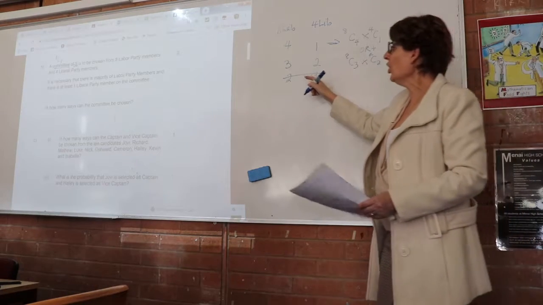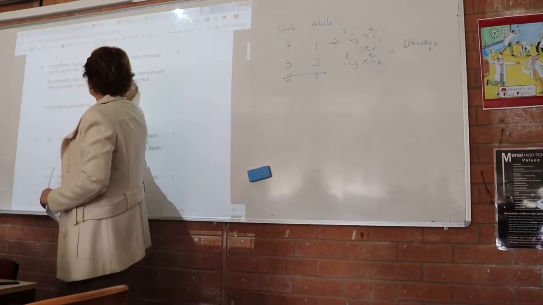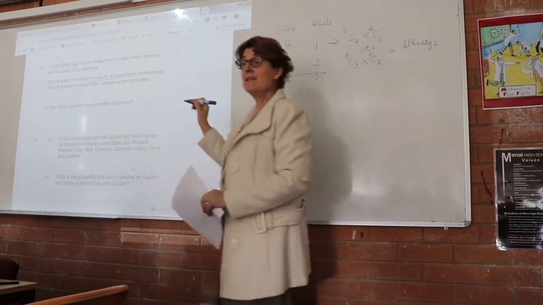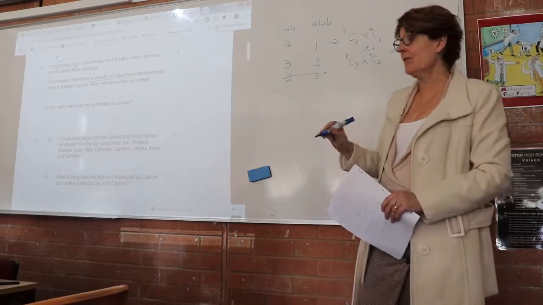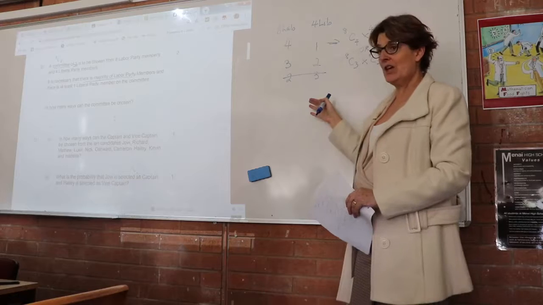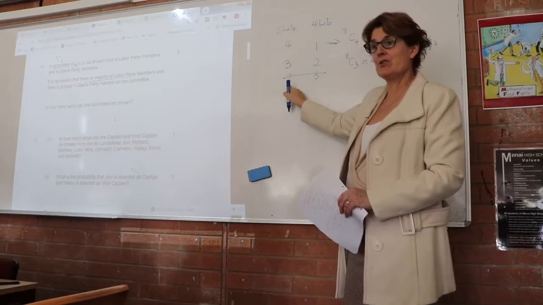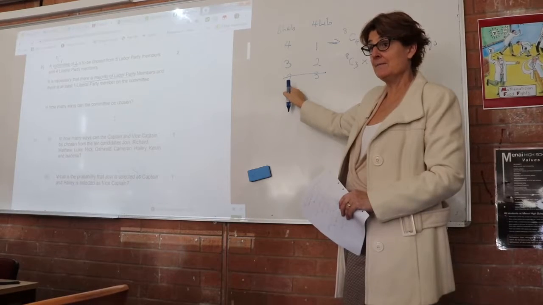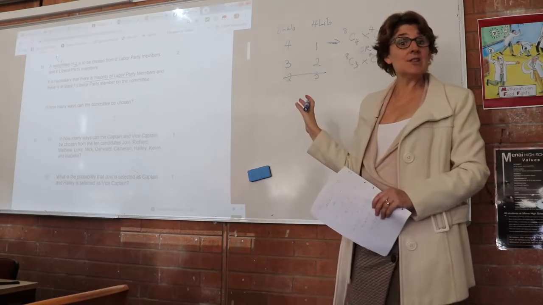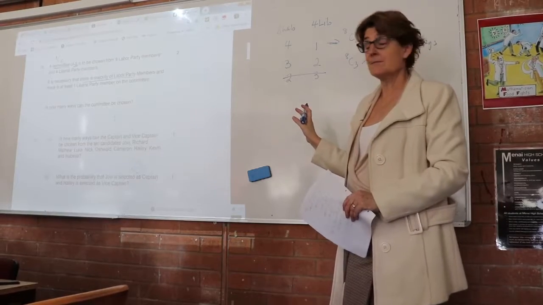Because it says there must be a majority of Labor Party members. That means more Labor than Liberal, and this one has less Labor than Liberal. So I was looking at all the different ways we could put them together, but this doesn't work because I don't have a majority. Make sense? Any questions on that one? We good? Alright.